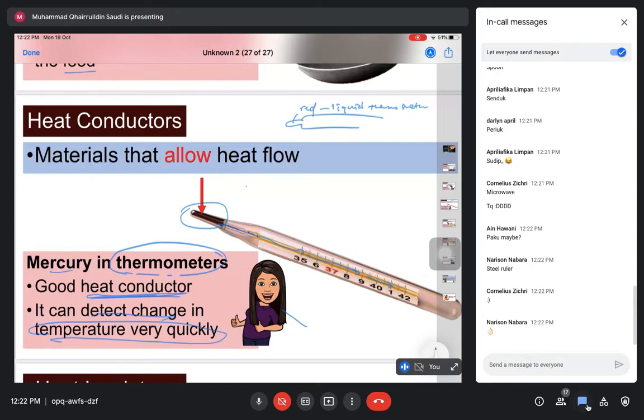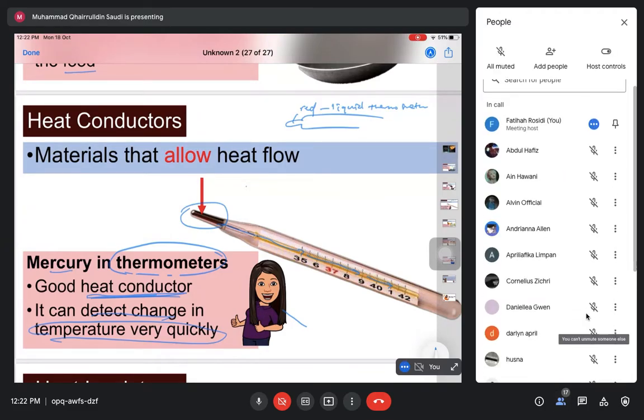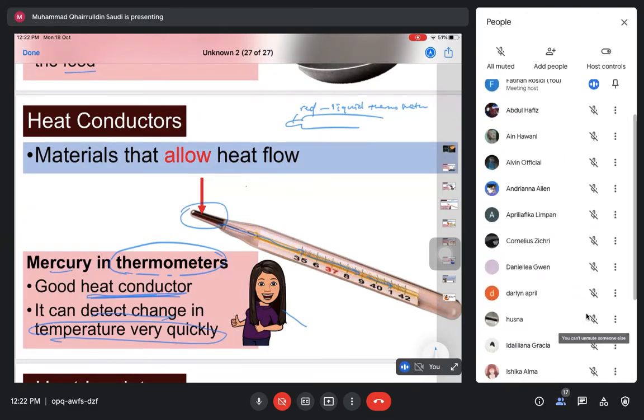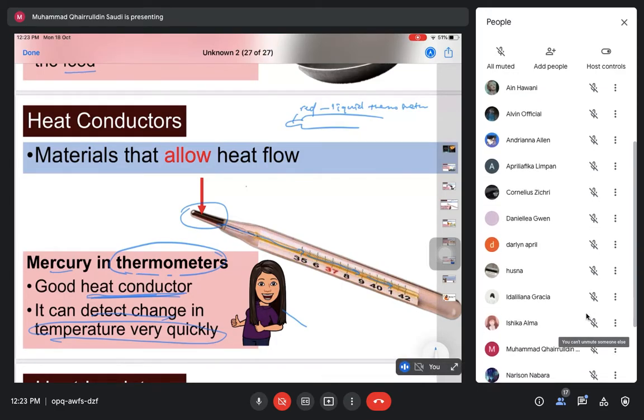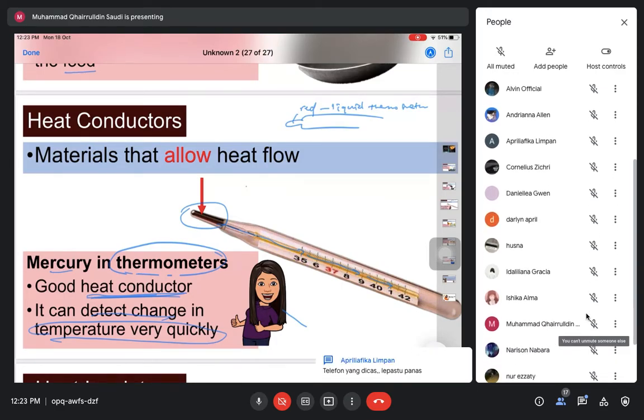Good, everyone. Ada lagi tak yang belum bagi jawapan? Let's see. Alvin belum, Adriana, Hafiz. Aluminium. Okay, that is one example. Good. Daniela, dah rasanya. Telephone, yes. Handphone is also a conductor. Good.